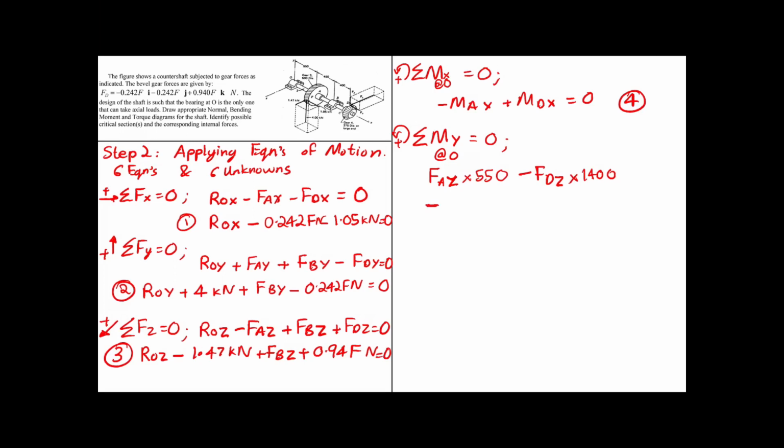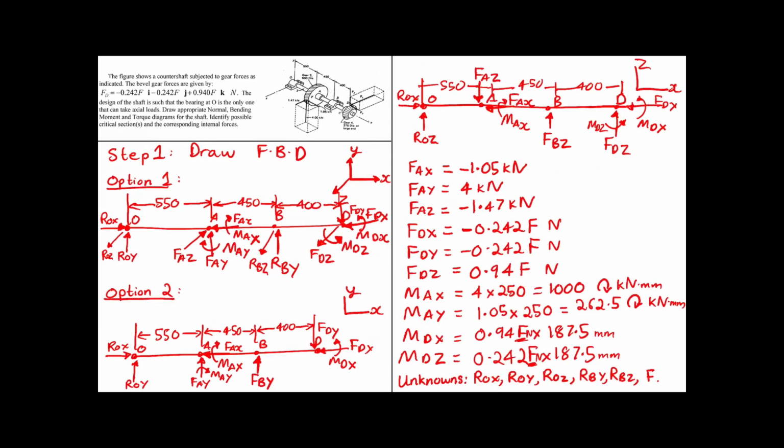So we will put it as negative RBZ times the distance, which is 550 plus 450, which is 1000, minus the MAY, which is only available in the y-axis.